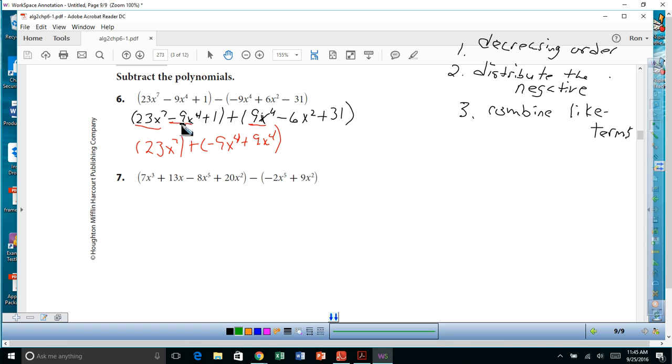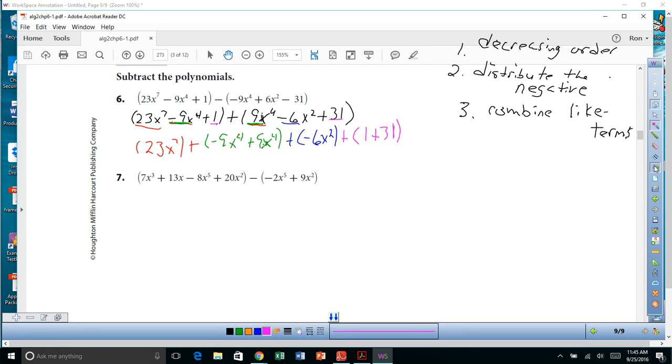I like my UT orange, but it's not giving me the contrast I like here. So we'll rewrite that. Make sure we got negative 9x to the 4th plus 9x to the 4th. And then the next one we got is negative 6x squared. And then our last are our constants, 1 and 31. So we got 1 plus 31.